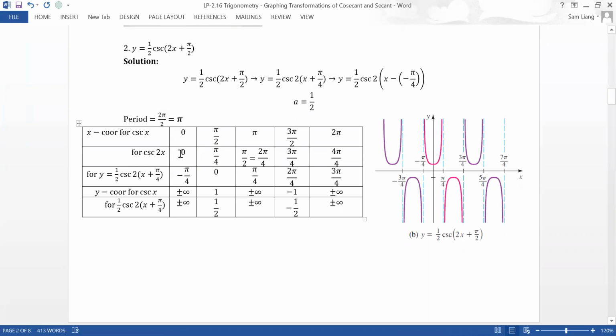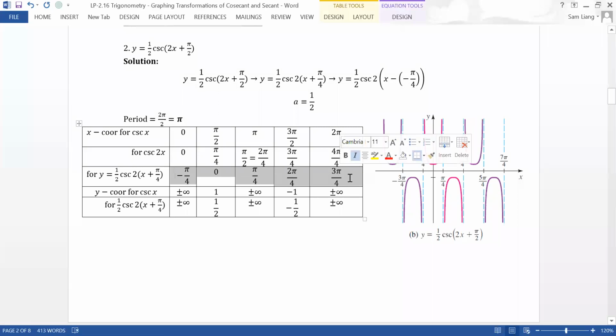Besides the period, you also have a phase shift, which you get after factoring out the 2, which is pi over 4 to the left. So you would just subtract pi over 4. For our points, you divide pi by 4 and get pi over 4, 2 pi over 4, 3 pi over 4, and 4 pi over 4. After subtracting pi over 4, you get negative pi over 4, 0, pi over 4, 2 pi over 4, and 3 pi over 4.